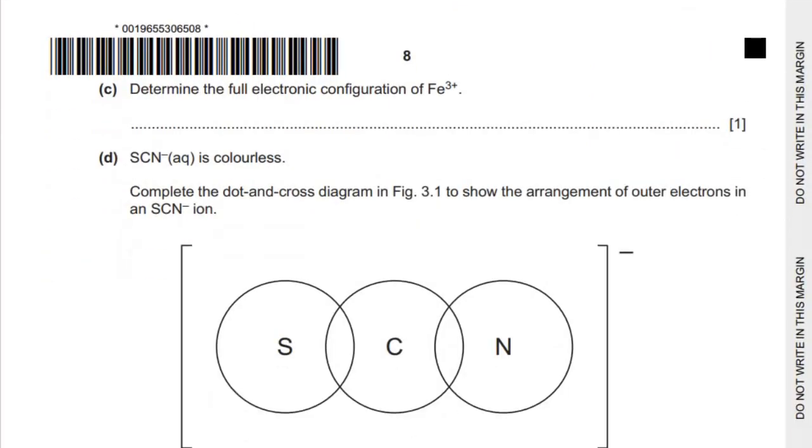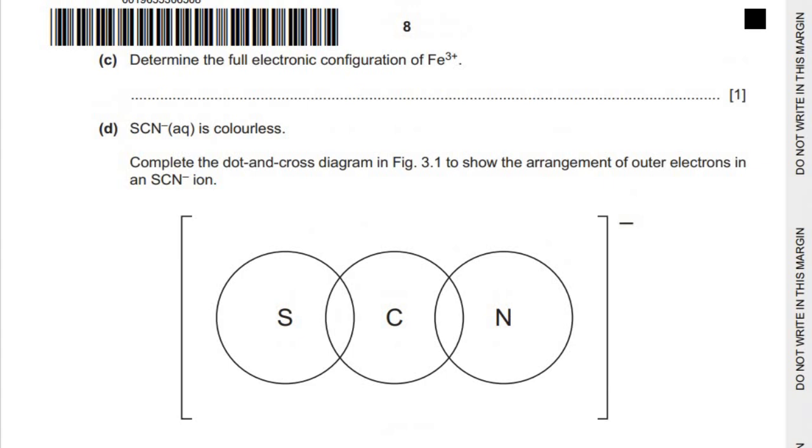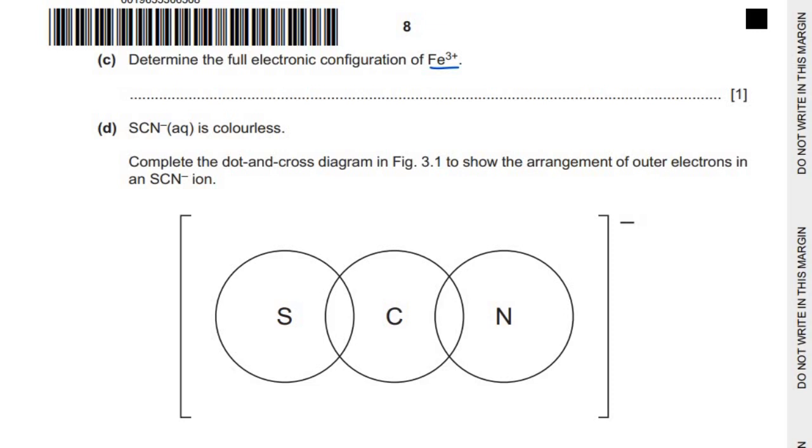The next part is determining the full electronic configuration of Fe3+. Now Fe has atomic number 26. Normally the electronic configuration would include 26 electrons, and Fe3+ means 3 electrons are removed and it is left with 23.